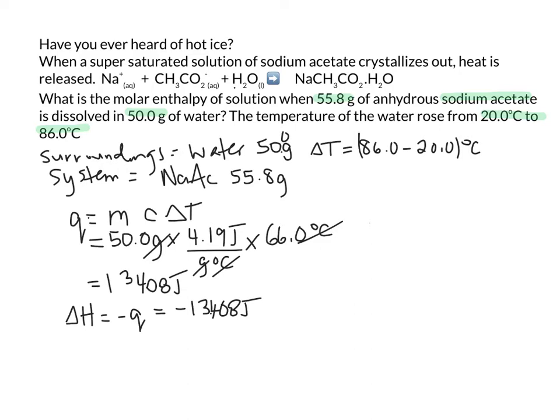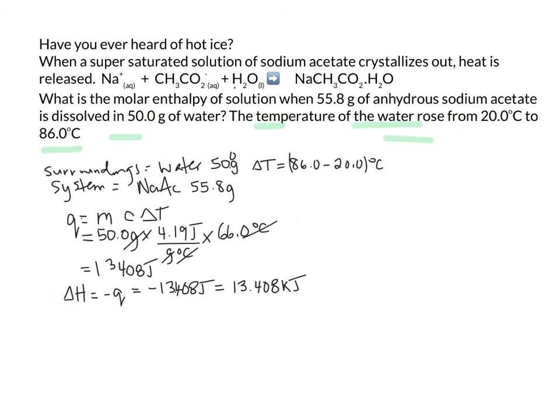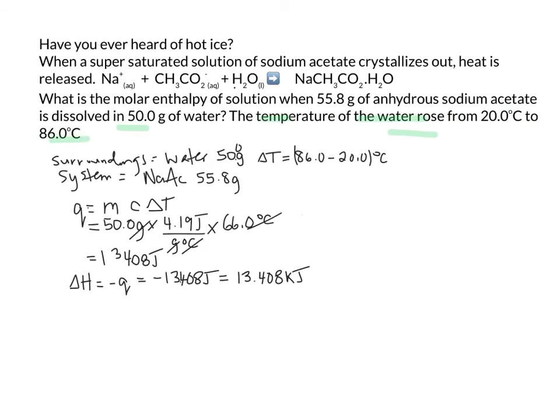So that's where the negative sign comes in. If you divide this by 1,000, you get kilojoules. All right. So now we have our enthalpy change. We can figure out our molar enthalpy.